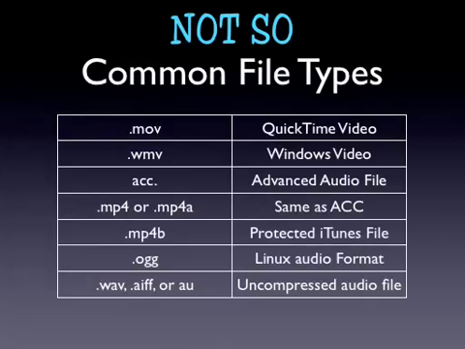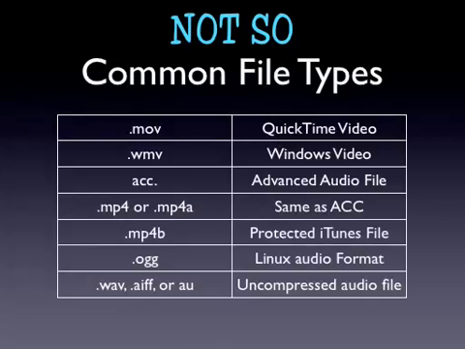So the not so common file types that you may end up running across are some of the video and some of the other audio formats. .mov and .wmv are both video formats. Windows folks can read MOV files, and Apple folks and Linux folks can read WMV files, but in most cases extra software has to be installed.